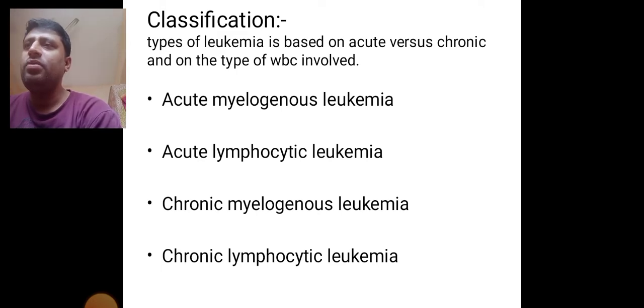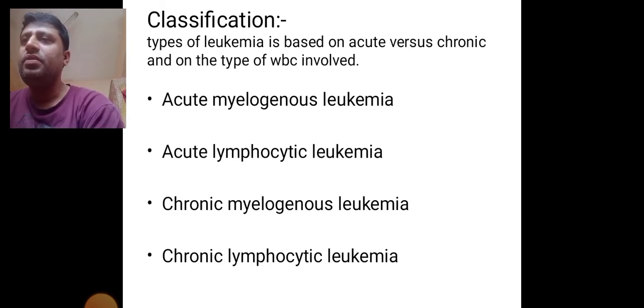In acute lymphocytic leukemia, immature lymphocytes proliferate in the bone marrow. Most are of B cell origin. Fever is present in the majority of patients at the time of diagnosis. Signs and symptoms may appear abruptly.